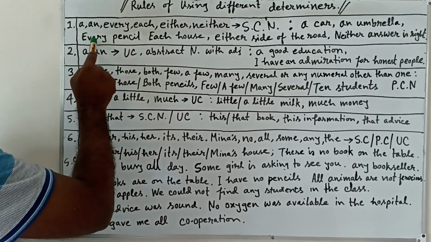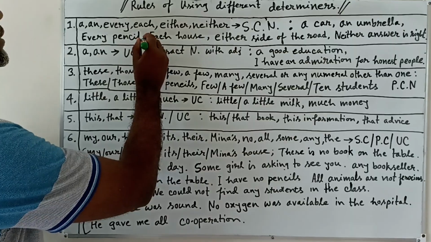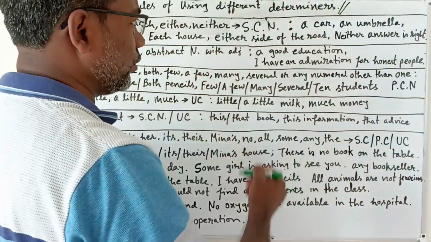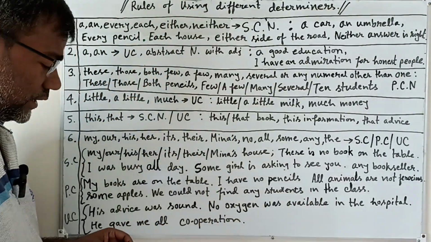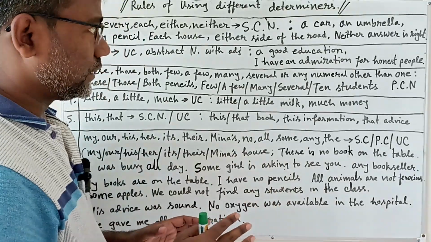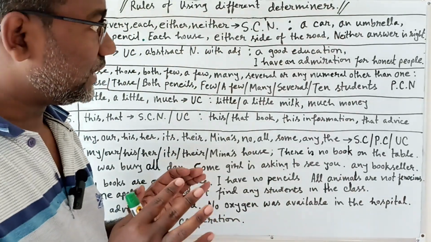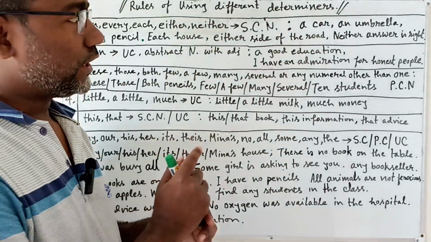Another example, every pencil, each house, either side of the road. Neither answer is right. When you are using either or neither, you have to think about two sides. There are two things.